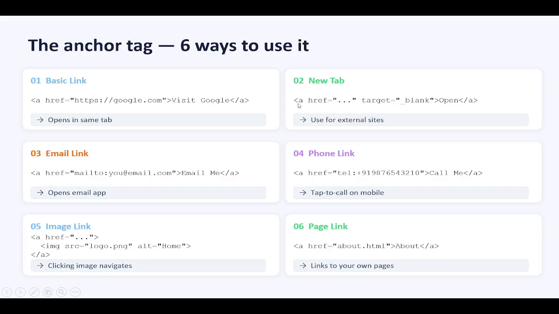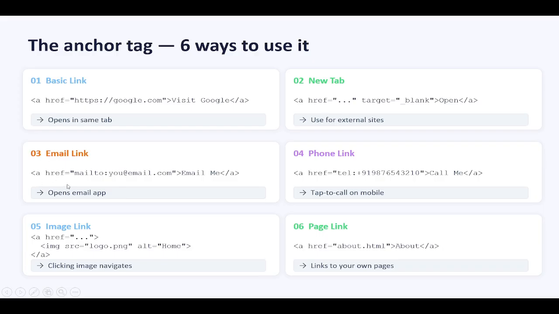In the second option, you can see href is the attribute. One more attribute you can observe is called target equals underscore blank, so that it will open the web page or the link that you have provided in another tab, not in the same tab.